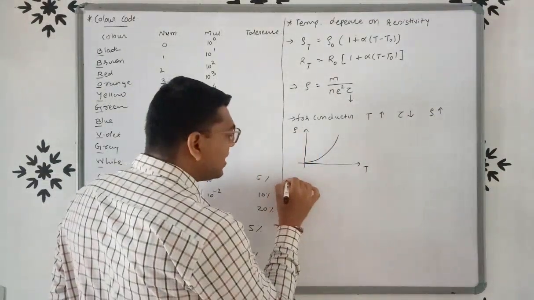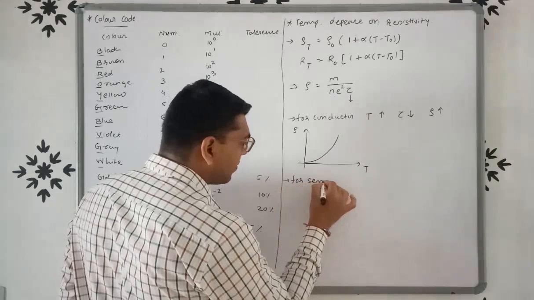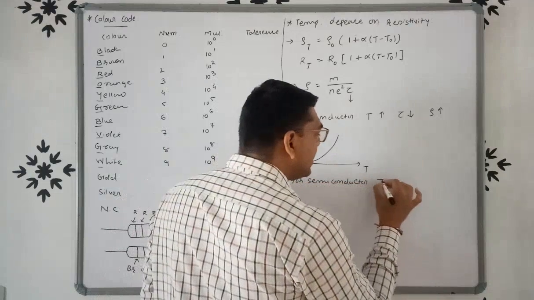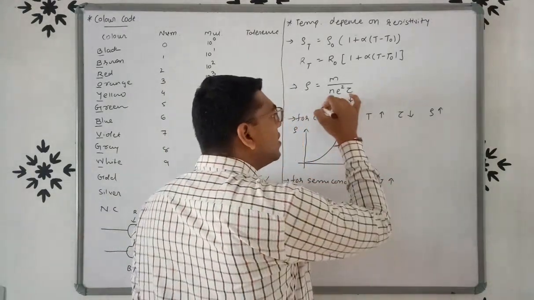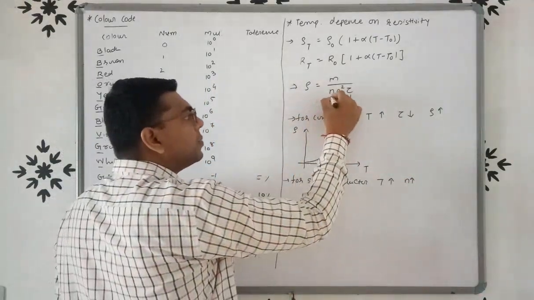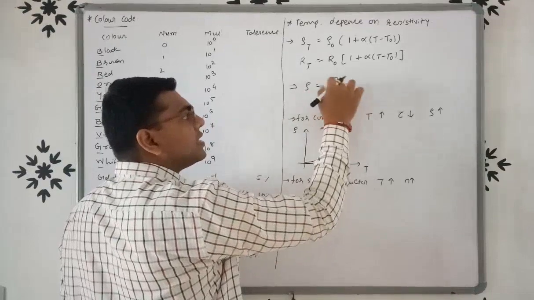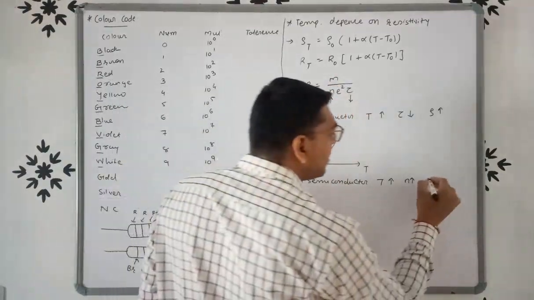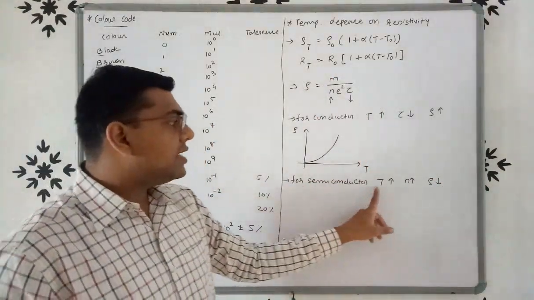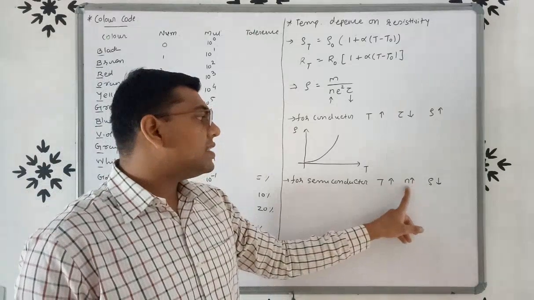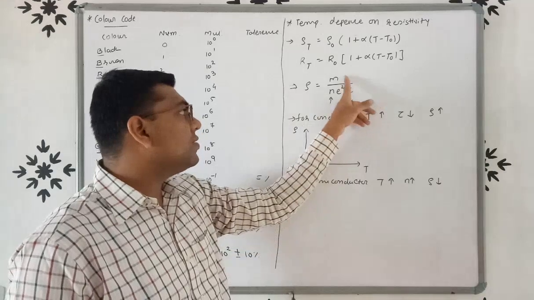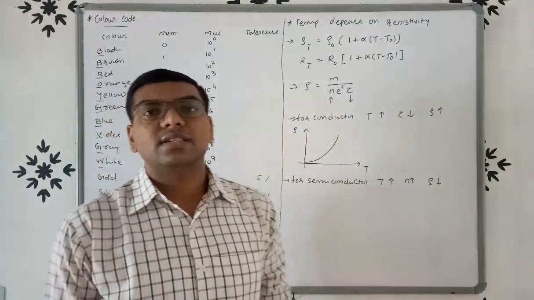Now for a semiconductor, as the temperature increases, the number density of electrons increases, and if n increases, then from this equation we can say that resistivity decreases, right?